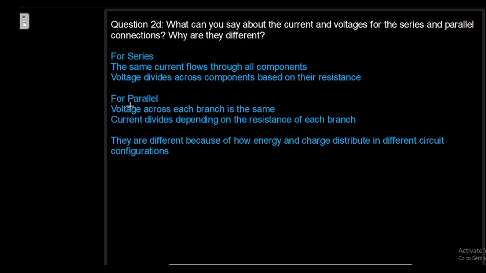For parallel, we have the voltage across each branch to be the same, whereas the current is different because it divides depending on the resistance of each branch. They are different because of how energy and charge distribute in different circuit configurations.